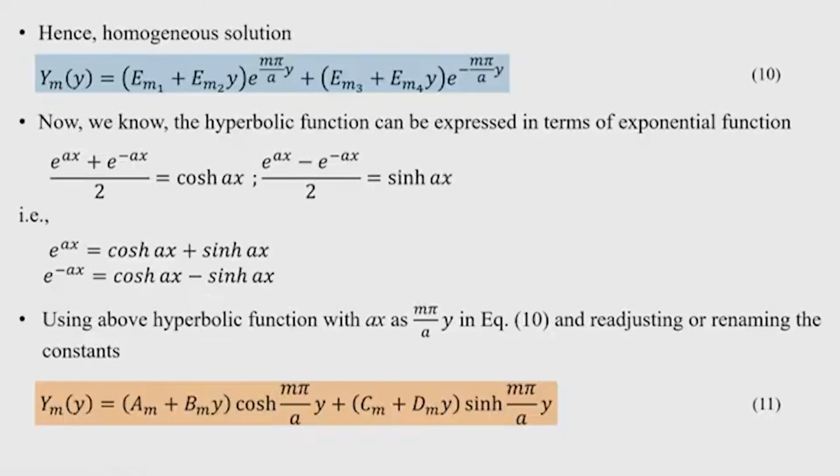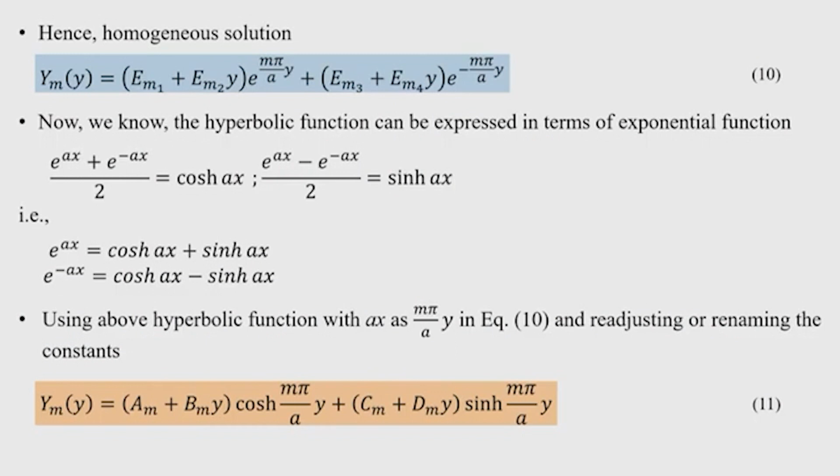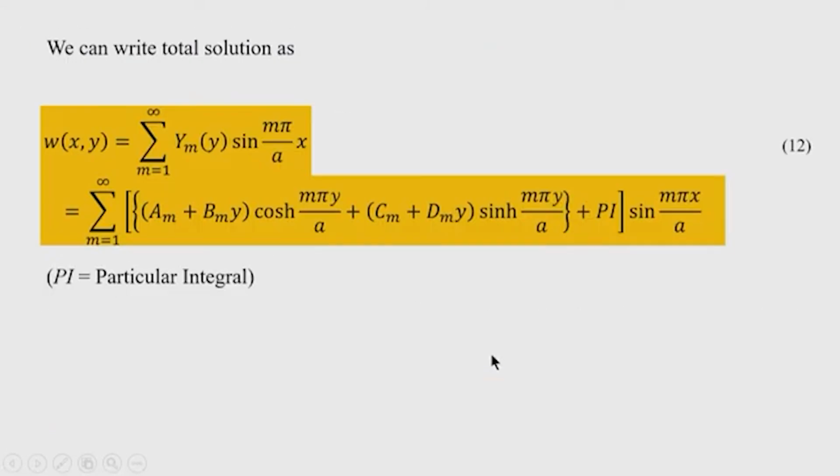So, this is our solution 11(1) for this rectangular plate, which has two opposite edges, x is equal to 0 and x is equal to a, simply supported. The other two edges, at y is equal to 0 and y is equal to b, the boundary conditions are not specified till now. Let us see what we can do with this solution.